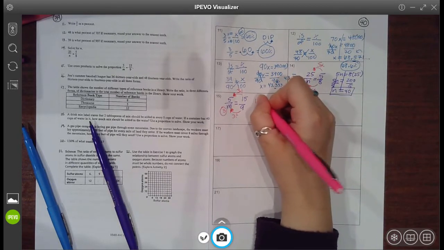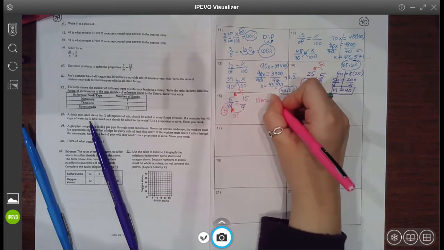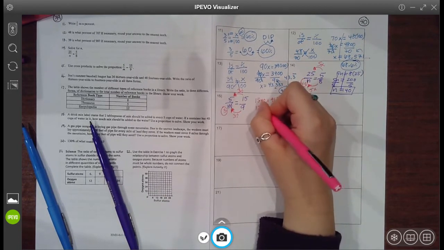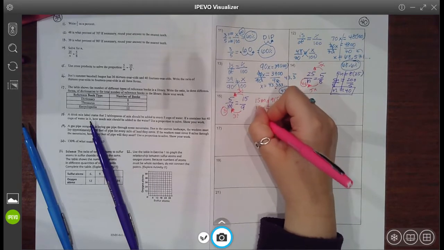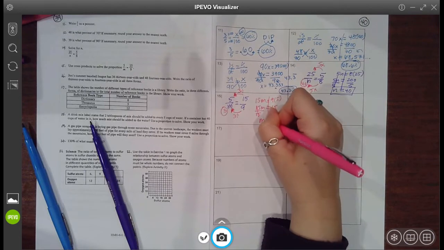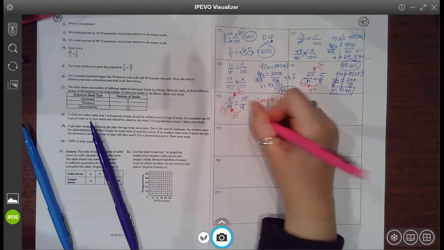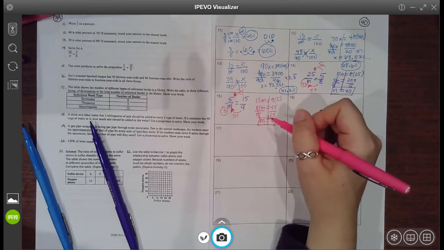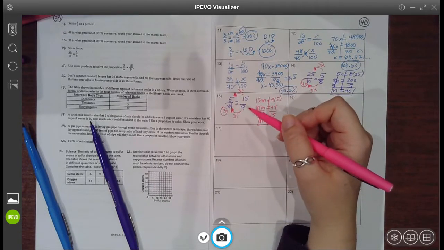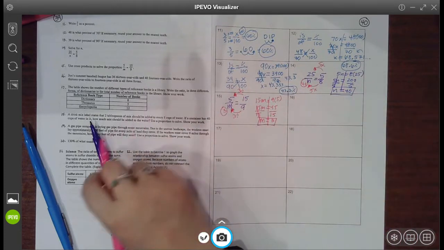Versus if you had just done cross products, 15 times m is 15m, 9 times 5 is 45, and then to get m by itself, you would divide by 15. Those cancel, and you get m is, well, 45 divided by 15 is 3. So some people just like this because they have less of a chance of accidentally making that mistake. But if you're good at always going towards your unknown, sure, do the shortcut when it's possible.